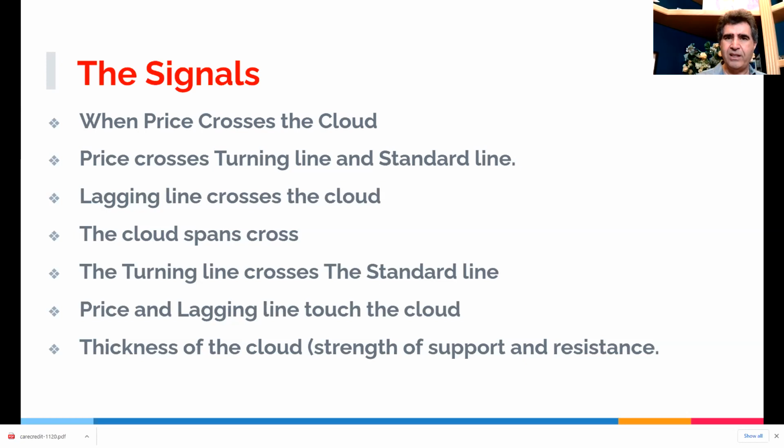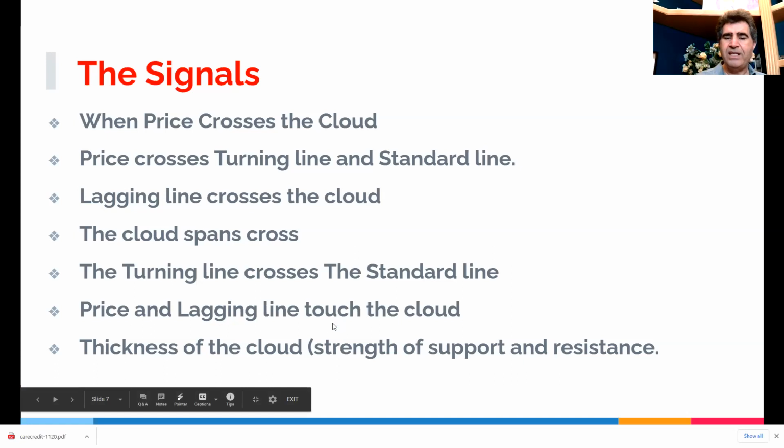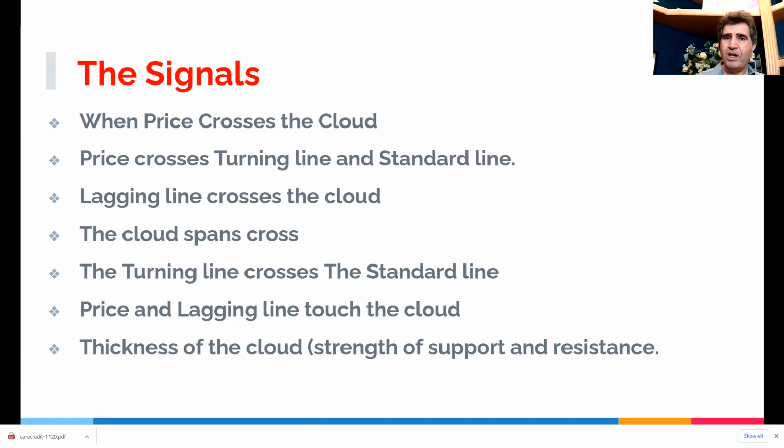It's almost like the dead cross and golden cross with the moving averages. This works similarly, except I have found that it only works in a very short time frame, not in a long time frame. And when the price and lagging line touch the cloud, it could be support, resistance, or a change of trend again. We will also see it in our charts.